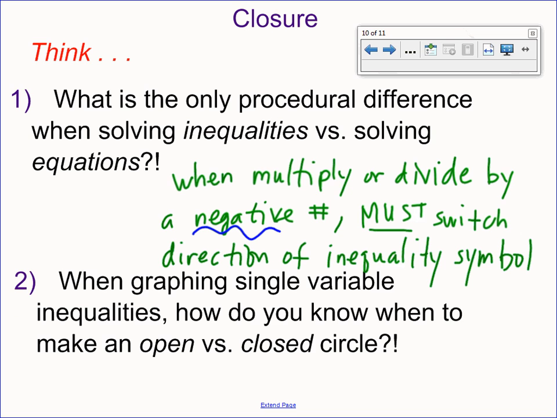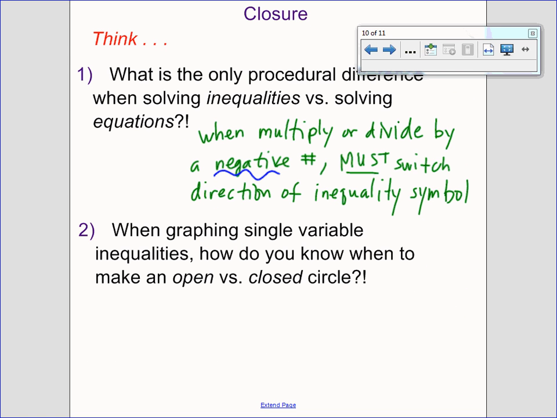When we're graphing an inequality, how do you know when you should make an open versus a closed circle? So how do we tell whether we should do an open versus a closed circle? Jacques? You'll know because if it doesn't have the equal to, it's open, and if it does, it's closed. Good.